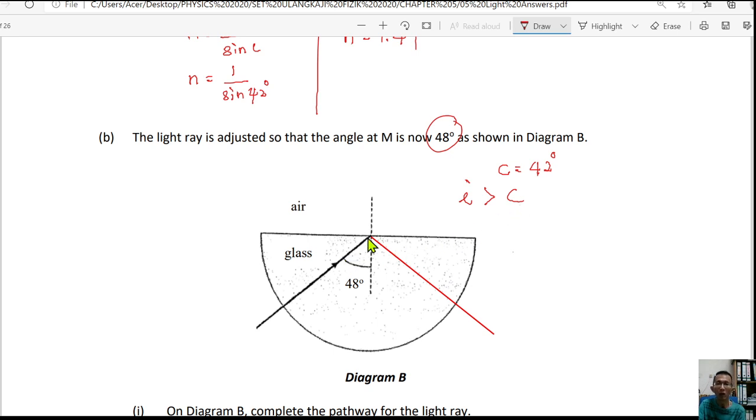So we will have this light, it is not going out. It won't go through the surface because my i is not equal to c. Instead, it will be reflected. Okay, so the angle here is also 48 degrees. So this happens if my incident angle is greater than my critical angle. Then you are going to have total internal reflection.